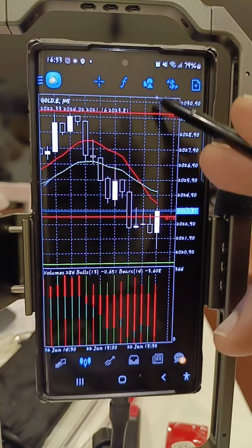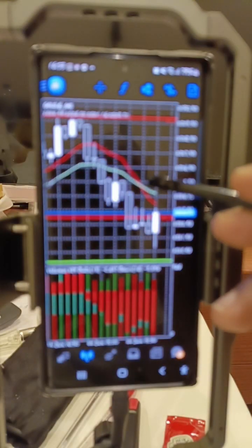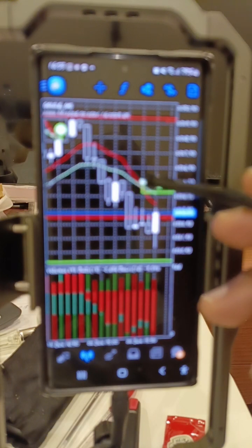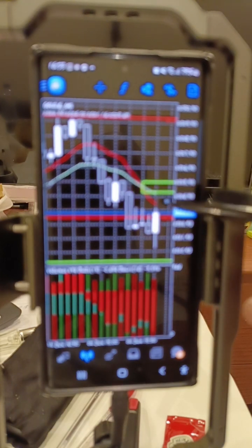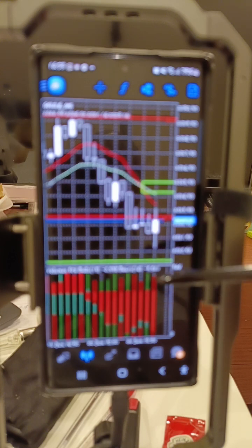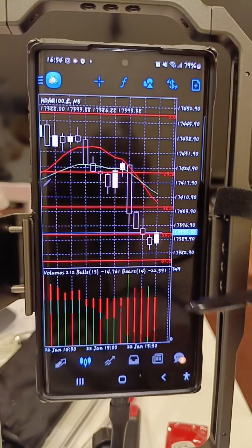Okay, see what happens when it reacts. So I'm tracking NASDAQ and gold.